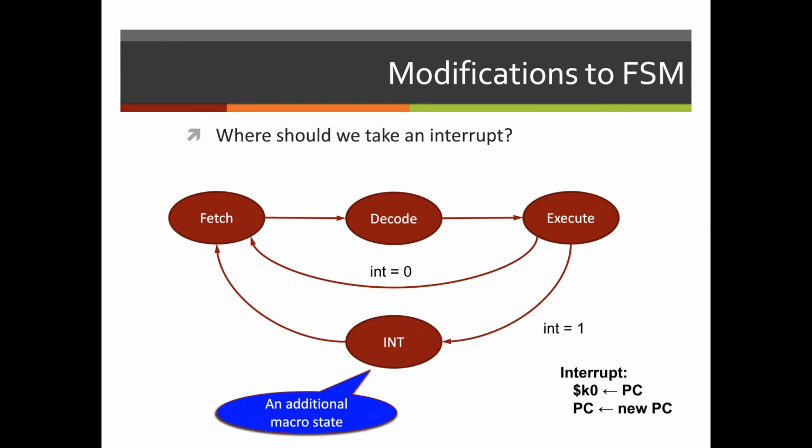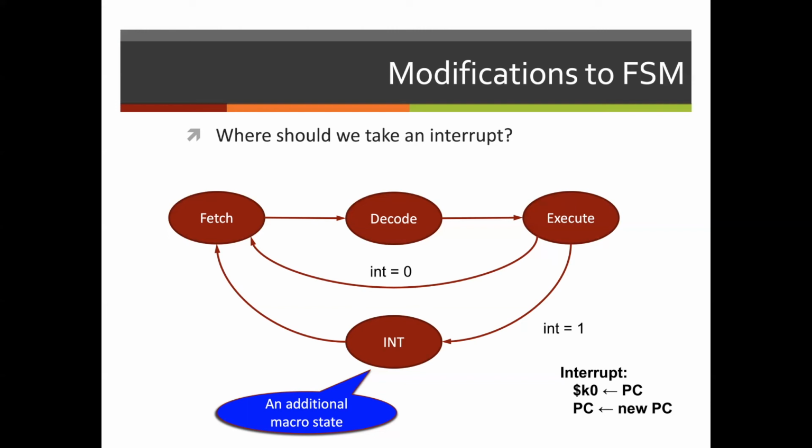And so since the interrupt can be generated anytime during the execution of an instruction, we add this state in between the execute and fetch macro states. And so now the finite state machine will check at the point of completion of an instruction if there is going to be a pending interrupt.